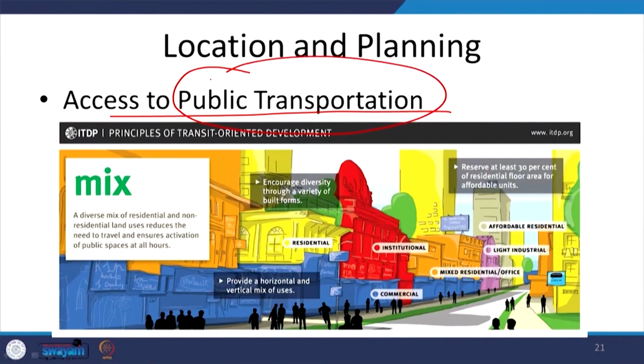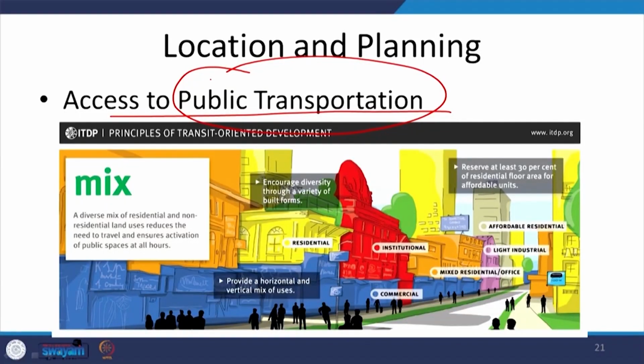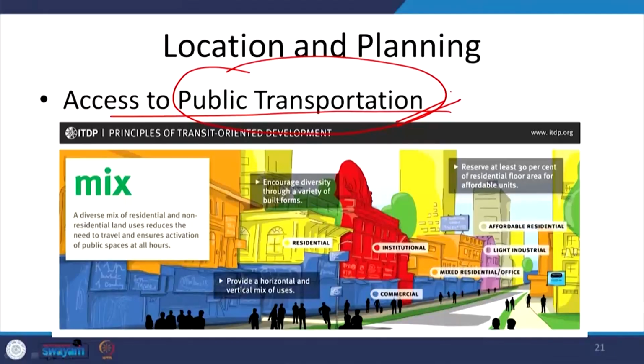People started using their own privately owned transportation mode, like their cars and two-wheelers and all, and there was not enough emphasis on public transportation. One, it is very energy intensive because each one travels in his own car, instead of a bus which can carry 50, 60, 70 odd passengers all at the same time and consumes less amount of resources. Besides that, there are a lot of other problems which we see.